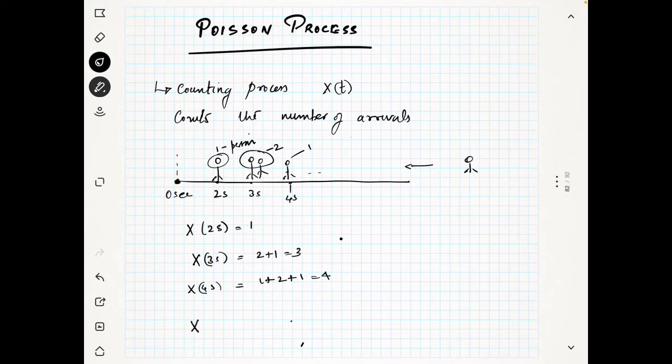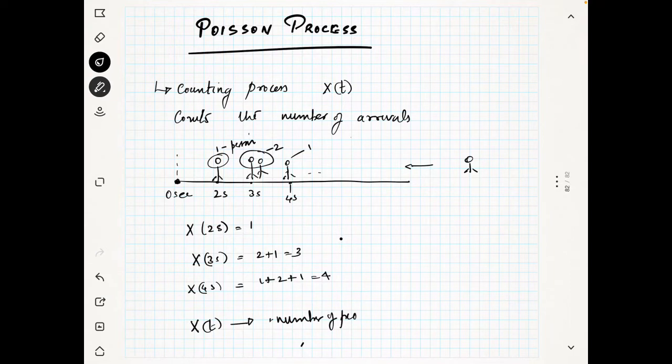So in general, x of t represents the number of arrivals, or you can say the number of people in the queue in this example.